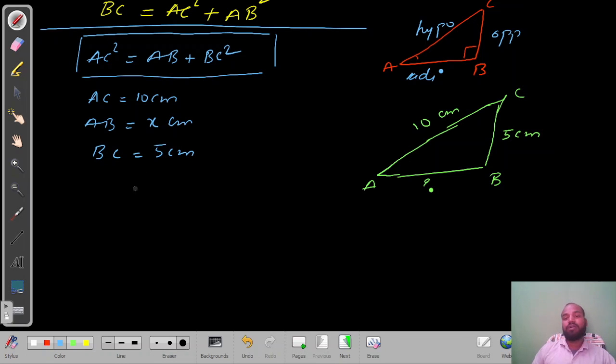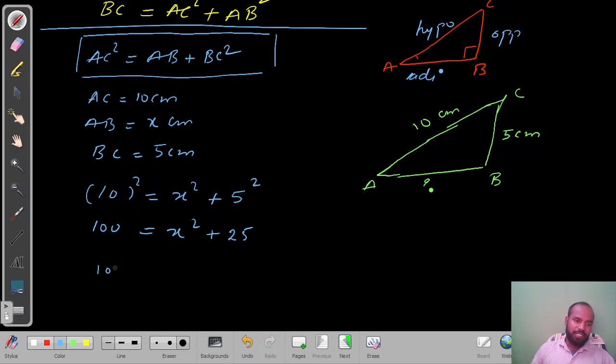Now we are going to find the unknown side, that is AB. AC square is 10 square, which equals AB square, that is x square, plus BC, that is 5 square. 10 square is 100, equal to x square plus 25. 5 square is 25, right?